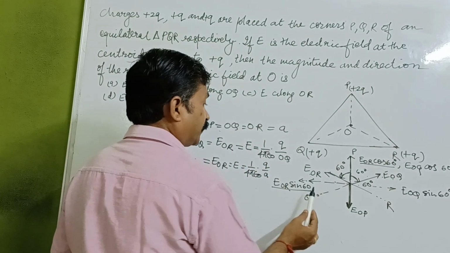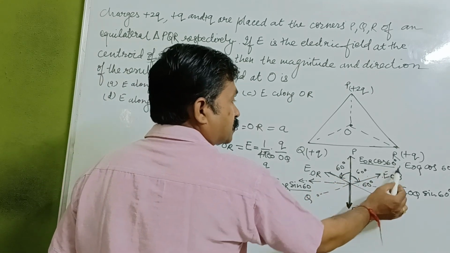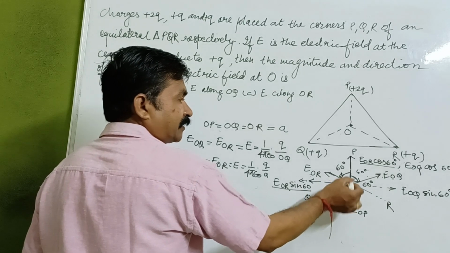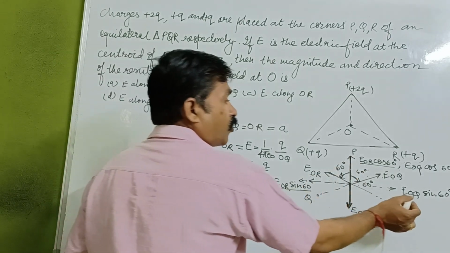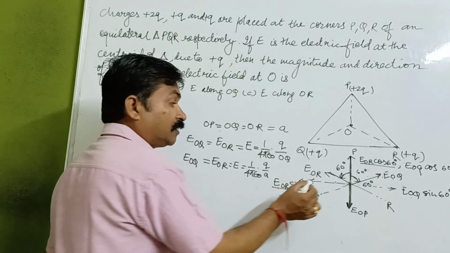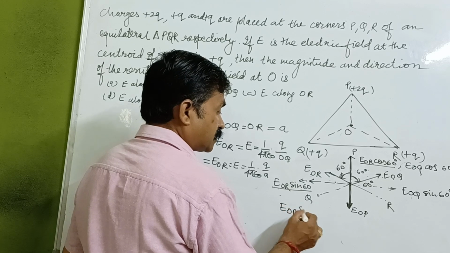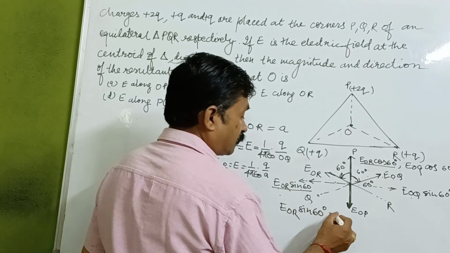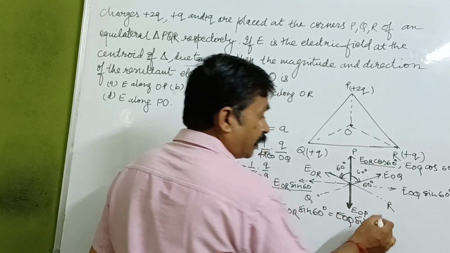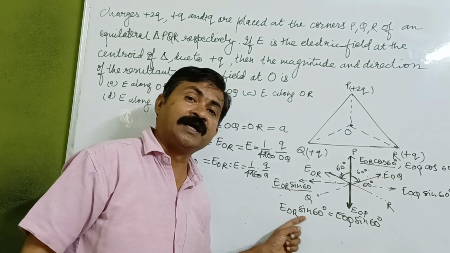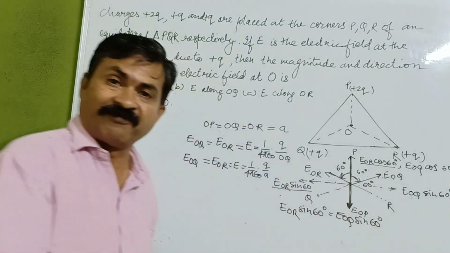Now this electric field, and we have taken the components. Both the electric fields of this are acting in this direction. Now EOR sin 60 and EOQ sin 60 have the same magnitude and the angle is the same. So EOR sin 60 equals EOQ sin 60, both are equal in magnitude and opposite in direction, so the effect of these two electric fields will be nullified.